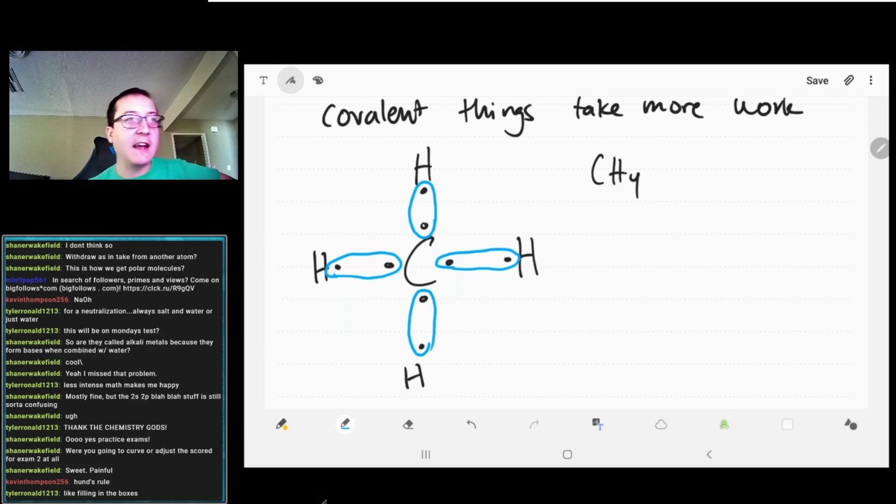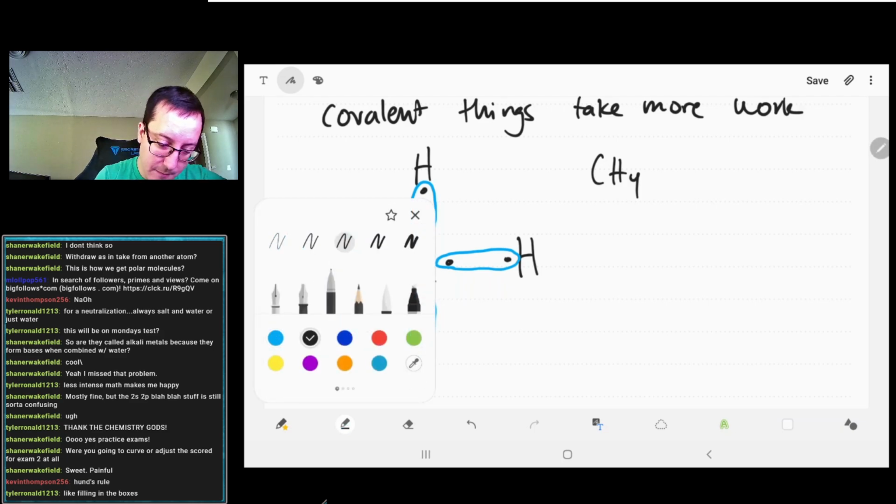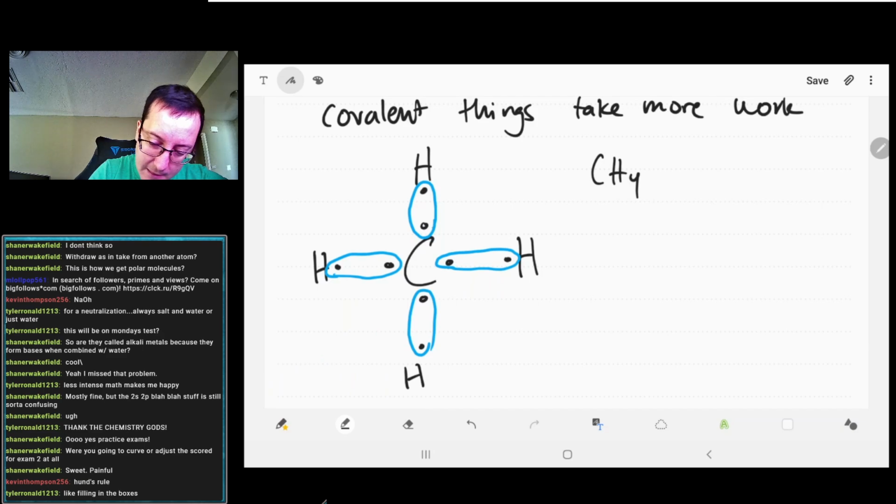And so I'm just identifying that we have valence electrons on all those hydrogens. That's one of them. And this carbon has 4 valence electrons. If 4 of those hydrogens are going to come in, we're going to be able to combine those into bonds. Like this.